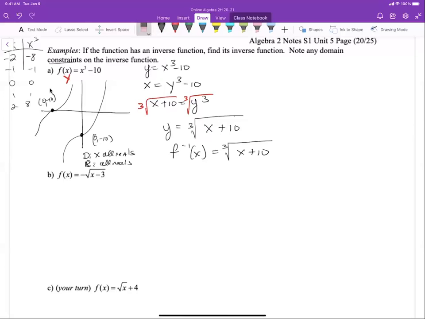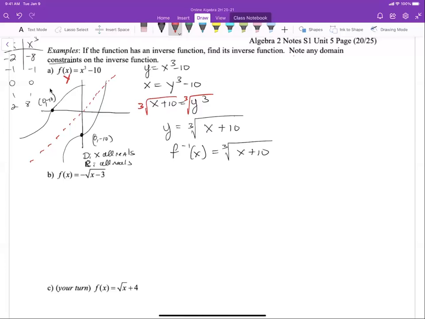Let's see if I can do this. Yes, like that. There we go. It's a terrible graph because I'm really bad with cube roots, but nevertheless, that is a reflection across the y equals x line.